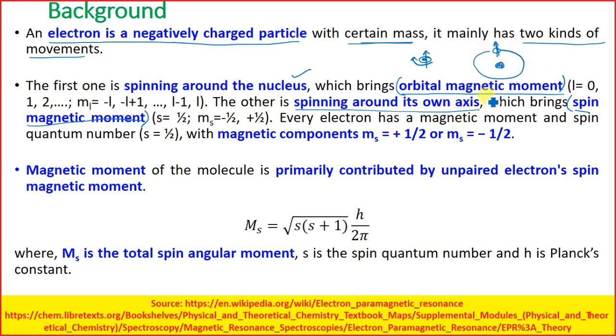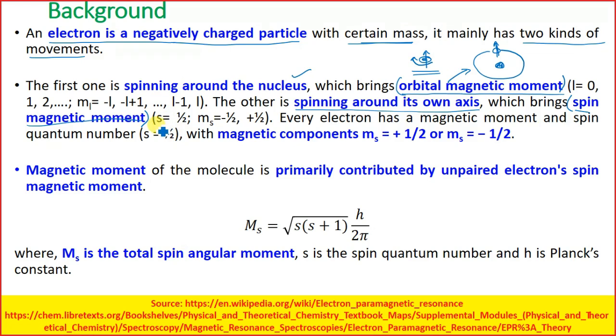When it is moving across the orbit and generating the magnetic field, it is called the orbital magnetic moment, and when it is moving on its axis and generating the magnetic field, it is called spin magnetic moment.